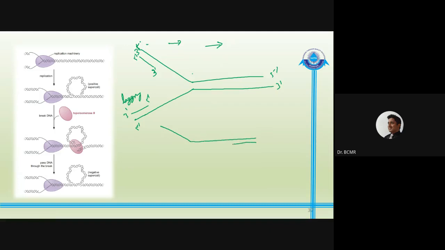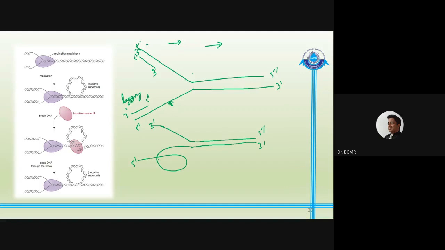And now I'm going to do something about the template of the lagging strand. I'm going to put it in this way. I bent it. Okay, I made a loop. So 3 prime, this is 5, this is 3, and this is 5.